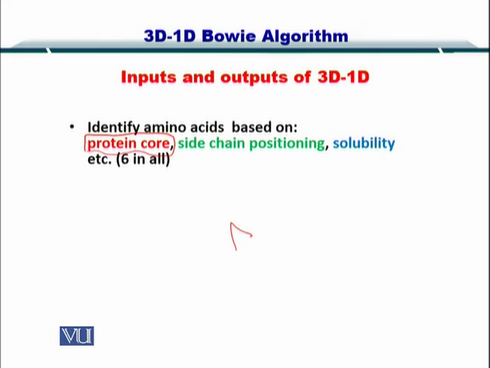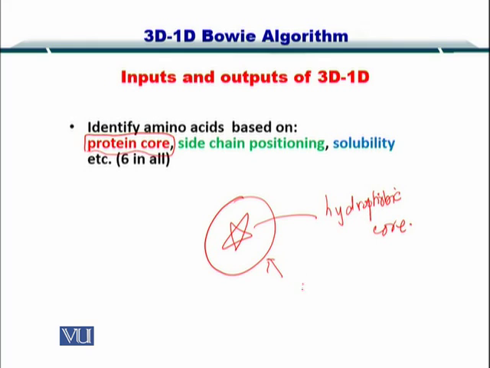So as you know, the protein has a hydrophobic core, and this is the external structures. So in this core, you have to identify the amino acids. Okay, so this is step number 1.